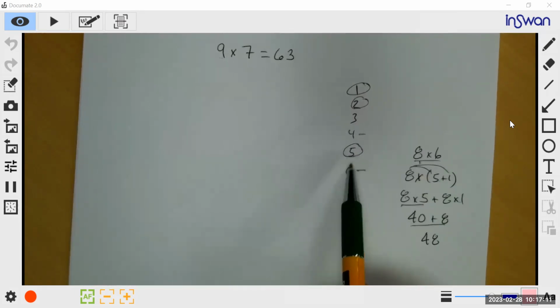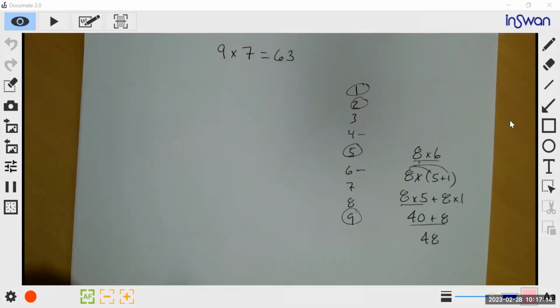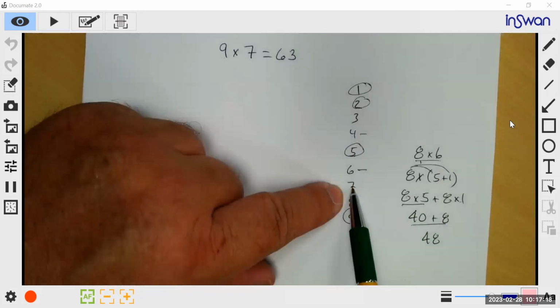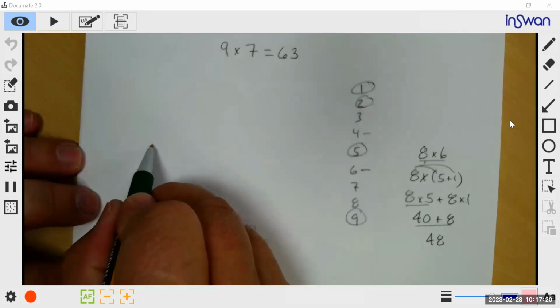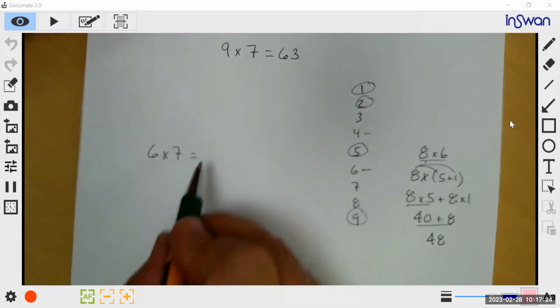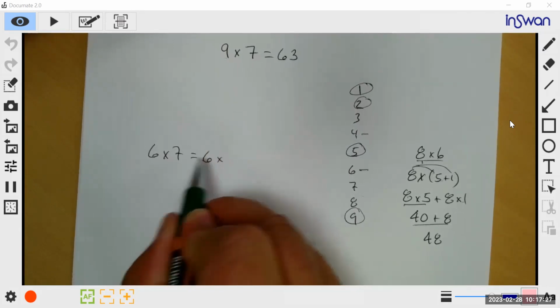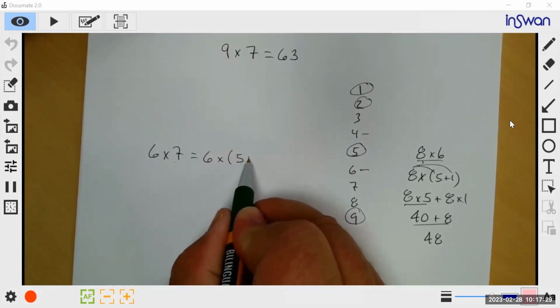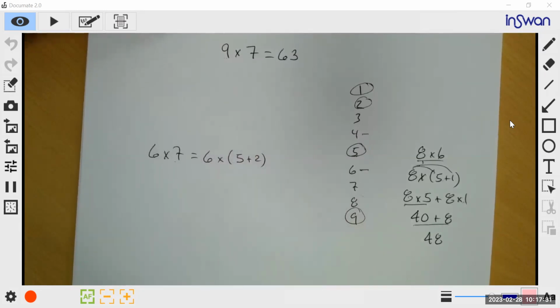Suppose 5s, a lot of people don't have any trouble with. Multiply by 5 and add, let's say if it's 7. 6 times 7. That's the same. 7 is the same thing as 5 plus 2.